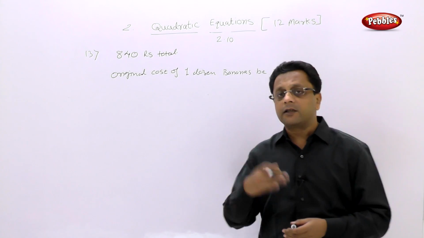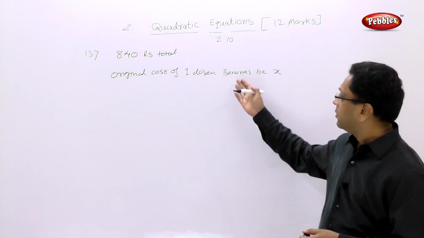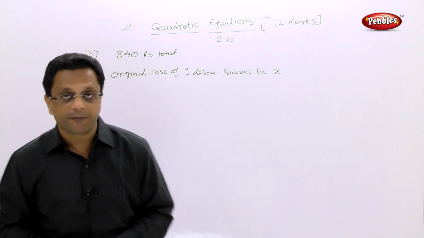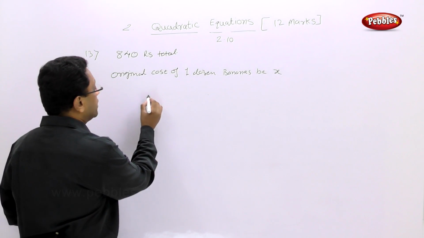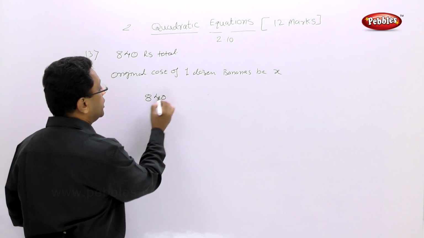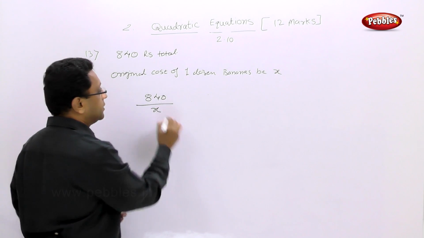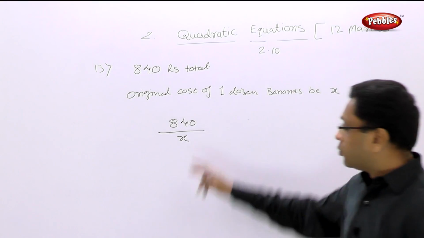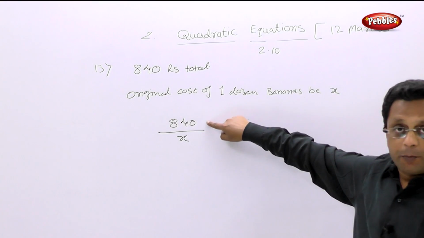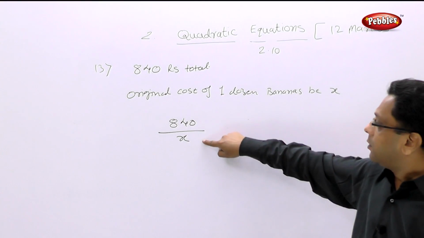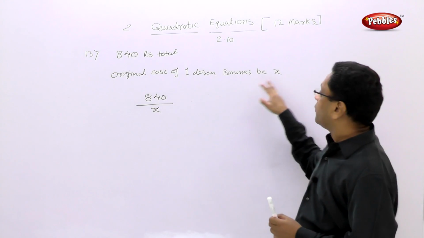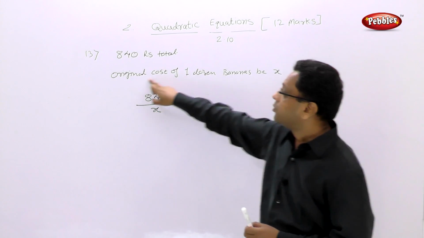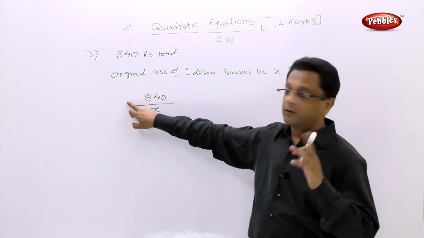So how many dozen bananas you can buy with original cost? You have total 840 rupees. So you can buy 840 upon x. These many dozens you can buy. You can buy 840 rupees which were in your hand divided by the original cost of 1 dozen banana. So these many dozens of bananas you can buy initially.